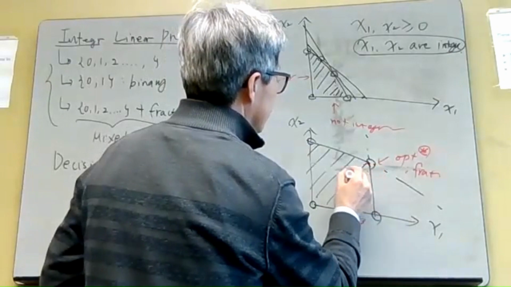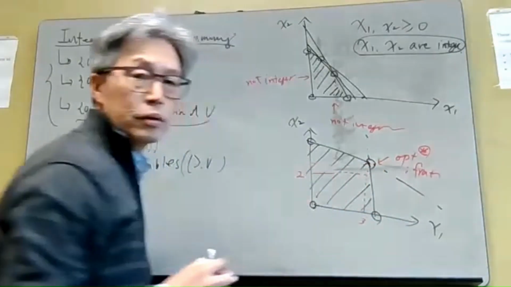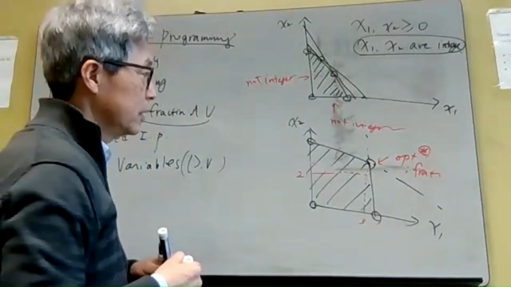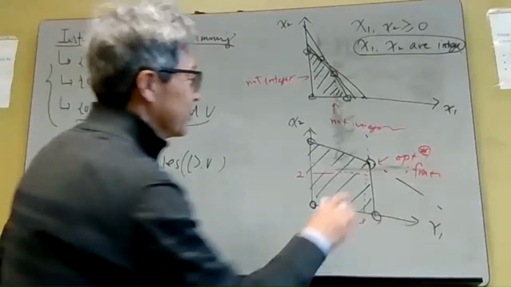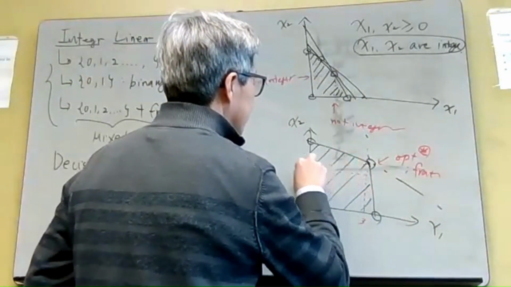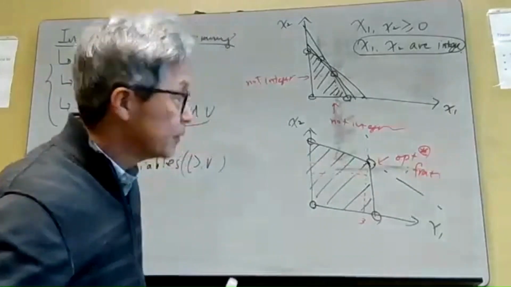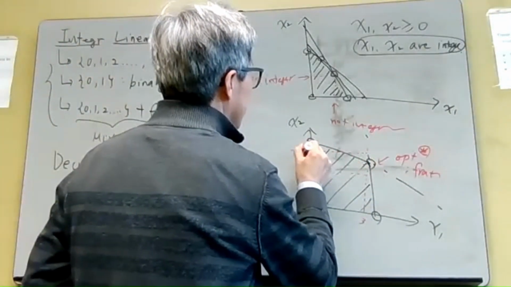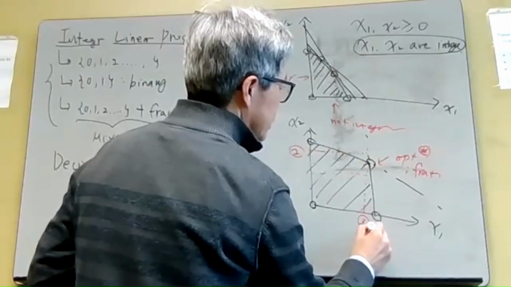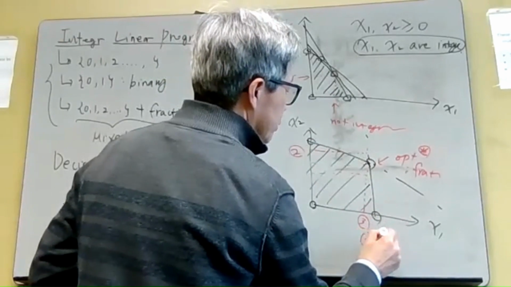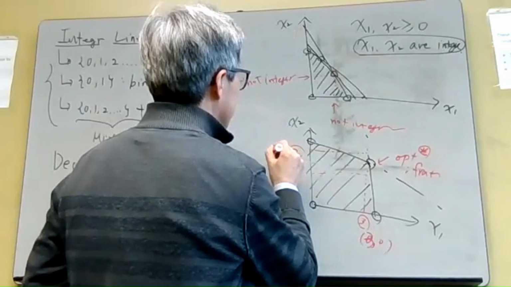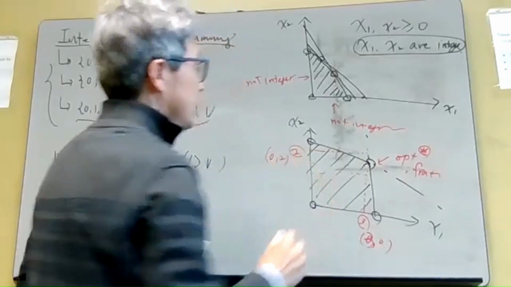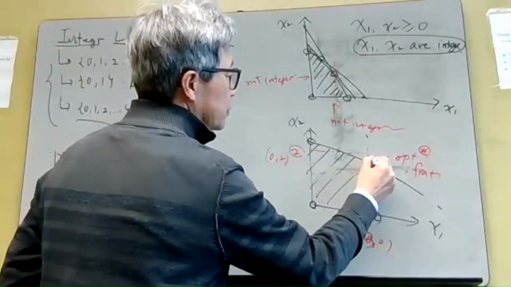So that should be up here. 2, 2. So this is 3.0, and this is 0.2. Now this is the optimal solution.